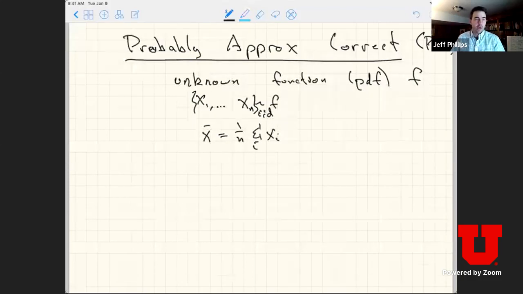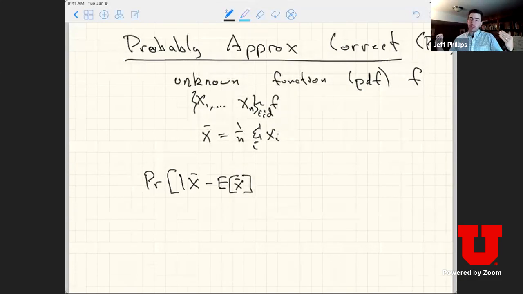A PAC bound looks at the probability that our accumulation of the data, something we pull from the data but discussed in terms of random variables, compared to its expected value. If these estimates are unbiased, this is the true value we want to approximate.